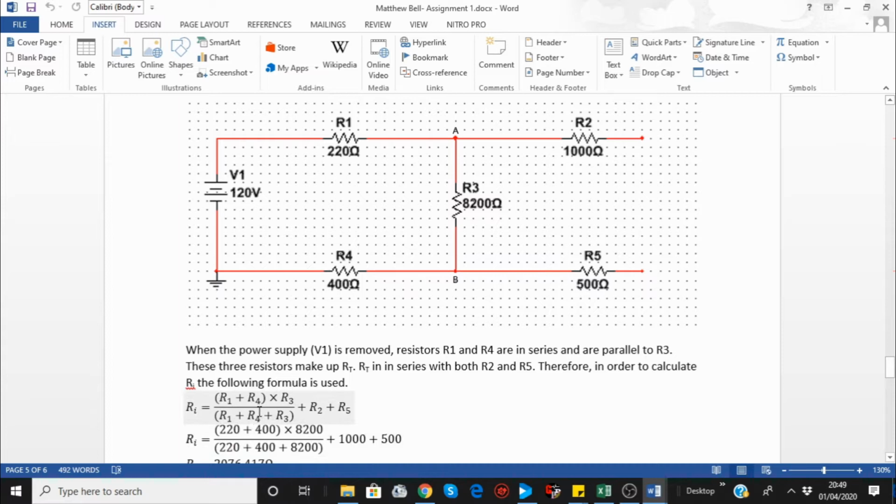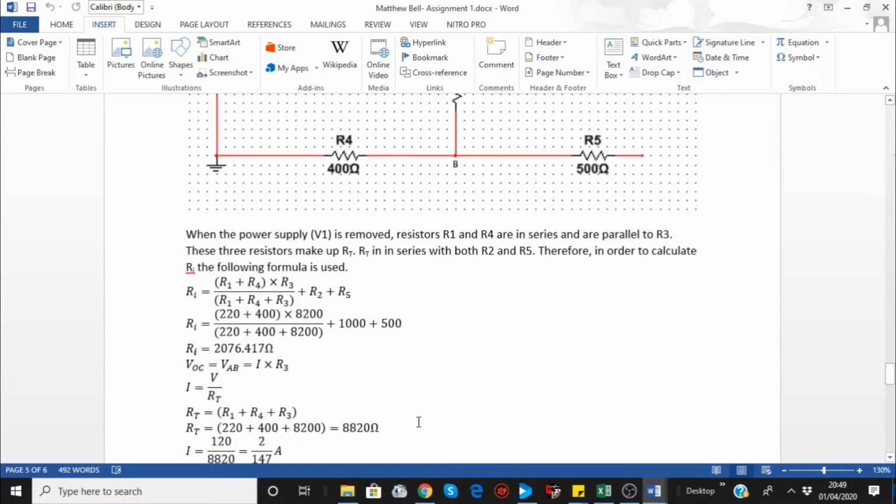The product over sum of that with R3, which is (R1 plus R4) times R3 over R1 plus R4 plus R3, is RT2 basically, plus R2 plus R5, that's Ri. If you put the values there, you'll find Ri is 2076.417 ohms for this example.